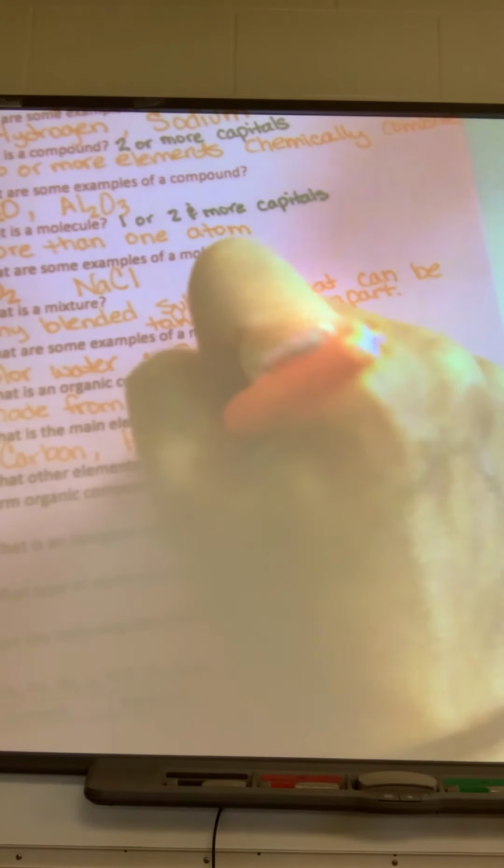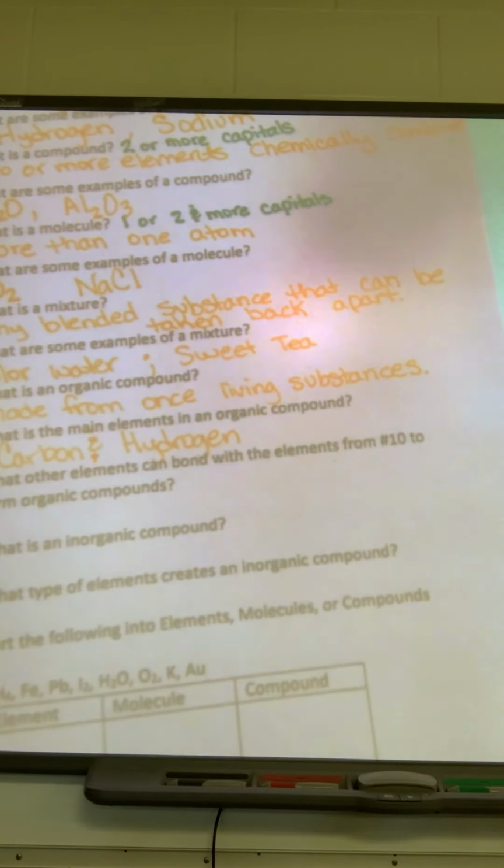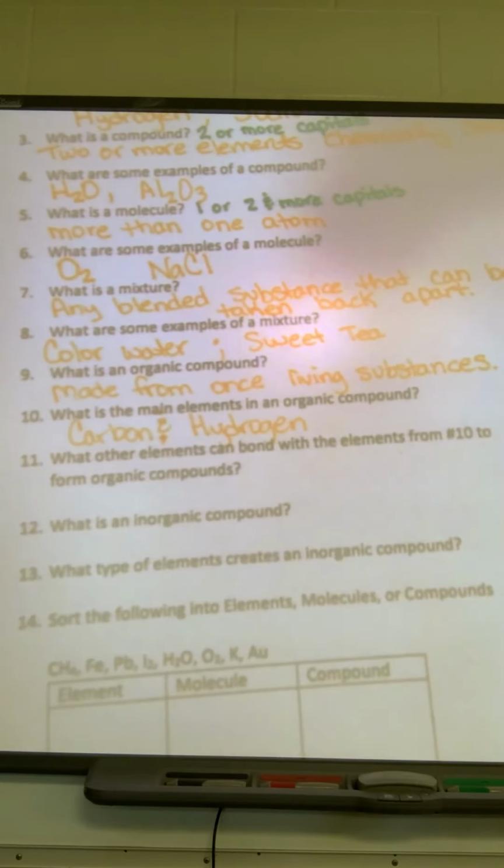You have to have both of these to be an organic compound. If you don't see a carbon and hydrogen atom in there, then it's not organic. If I only see carbon, it's not organic. It has to have both of them to be organic, because we need both of those elements in there to be once living.